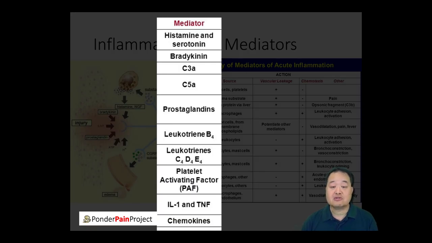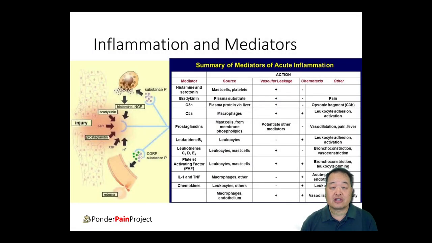You'll hear these two types of mediators talked about quite a bit as we go through the different modules. Bradykinins are important as well. Prostaglandins are important in this process too. And the different leukotrienes and cytokines, you'll hear a lot about those as you get into more pharmacological types of modules.